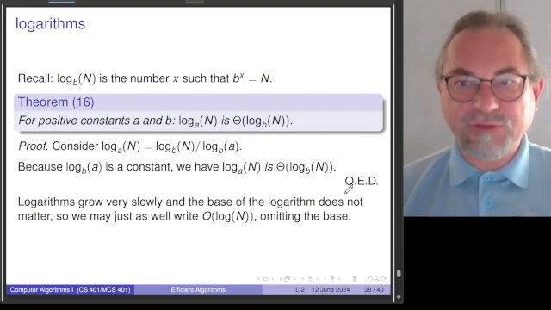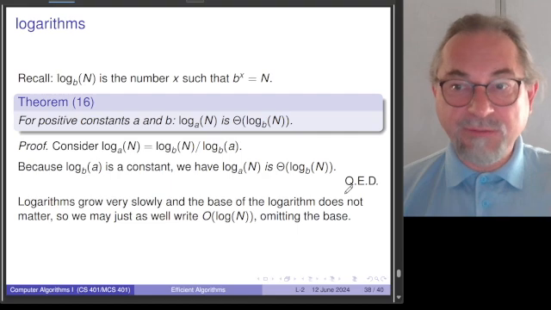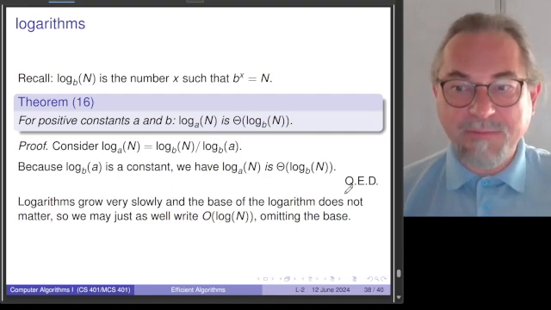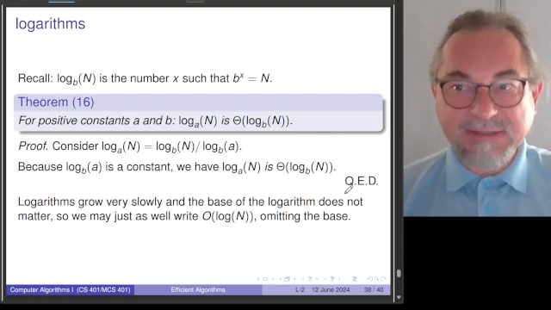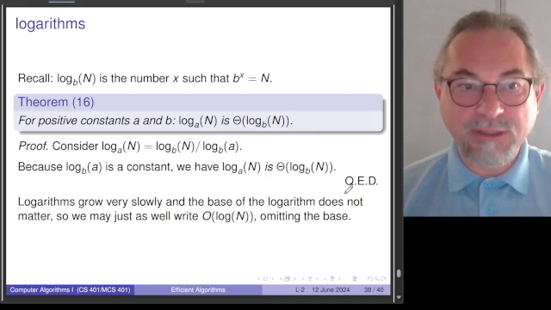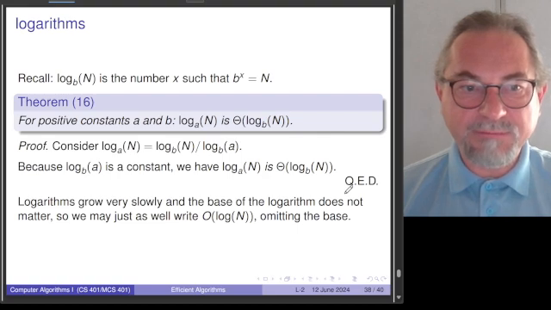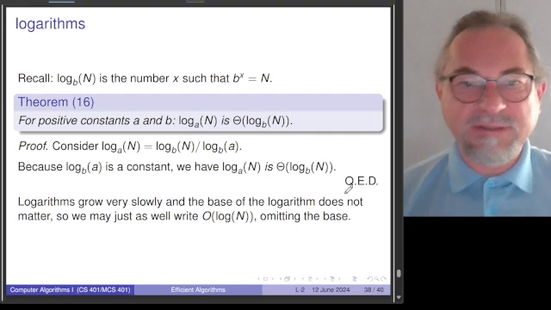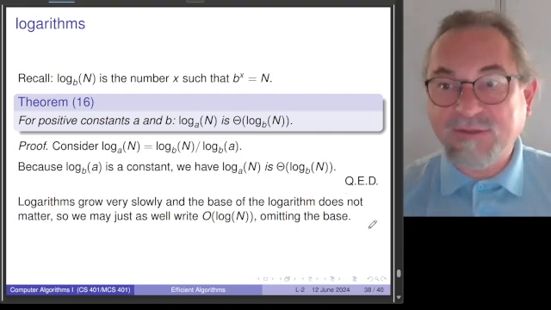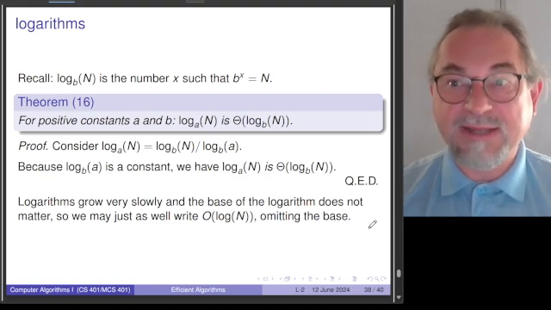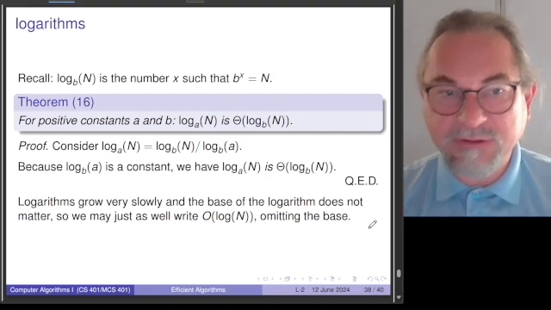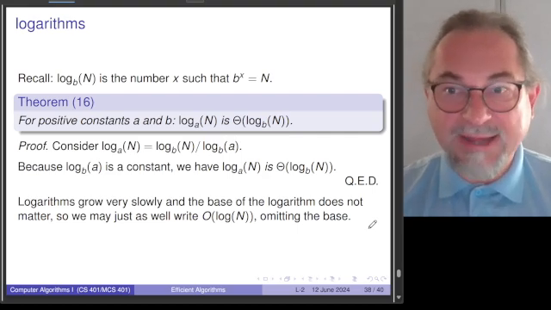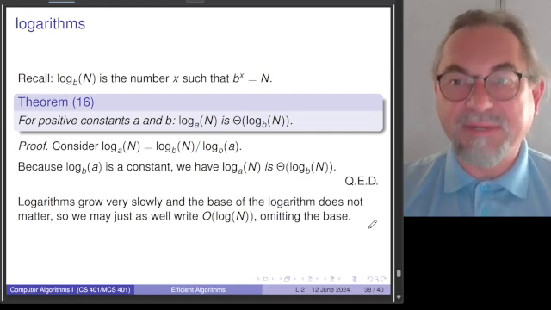The constant doesn't matter when you make a big O reasoning or a big omega reasoning. So omitting the base of the logarithm changes nothing in the asymptotic tight bounds. The bottom line is that logarithms grow so slowly that their base asymptotically does not matter. So keeping in mind this theorem, it's not a lack of rigor if you omit the base in your logarithm.